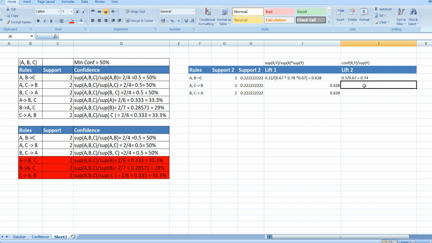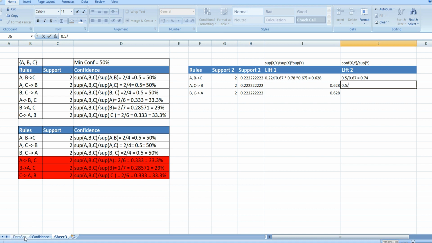And let's take a look at the use of the confidence divided by the support. The confidence, again, that we get from AC driving B is still 50%. So let's put 0.5 divided. However, it is the consequent that has changed.